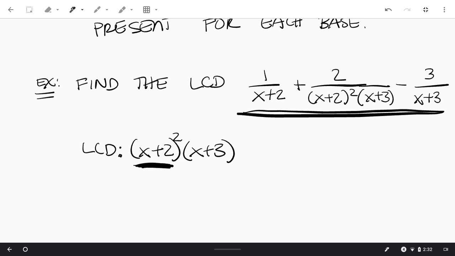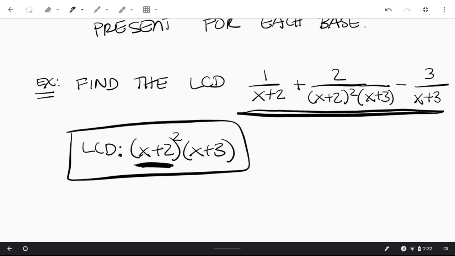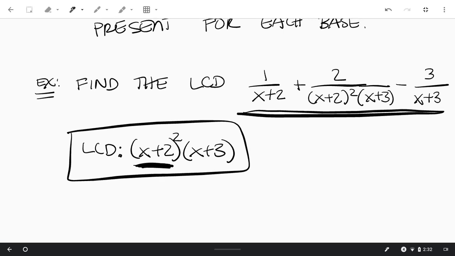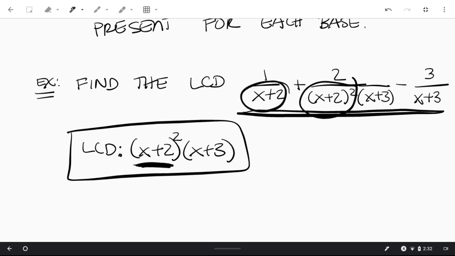When we look at x plus 3, we see that we have x plus 3 to the first and x plus 3 to the first. So in our LCD, x plus 3 will have an exponent of 1. Okay, do you see how that works? X plus 2 to the first versus x plus 2 to the second.